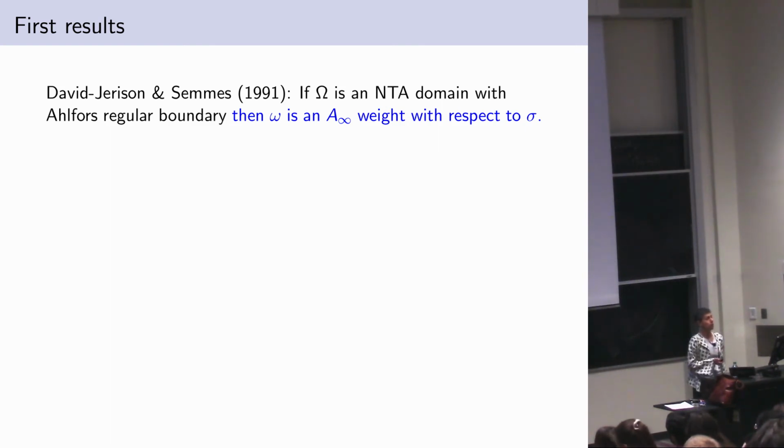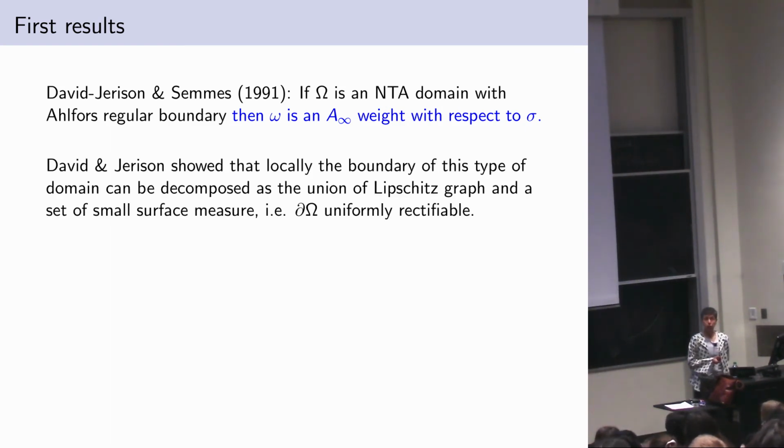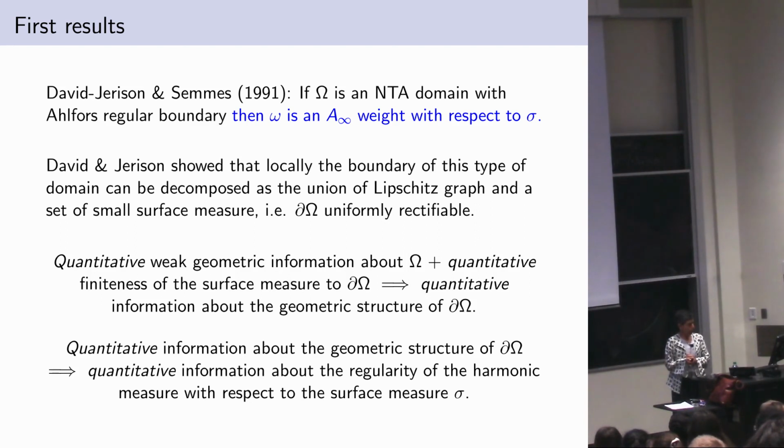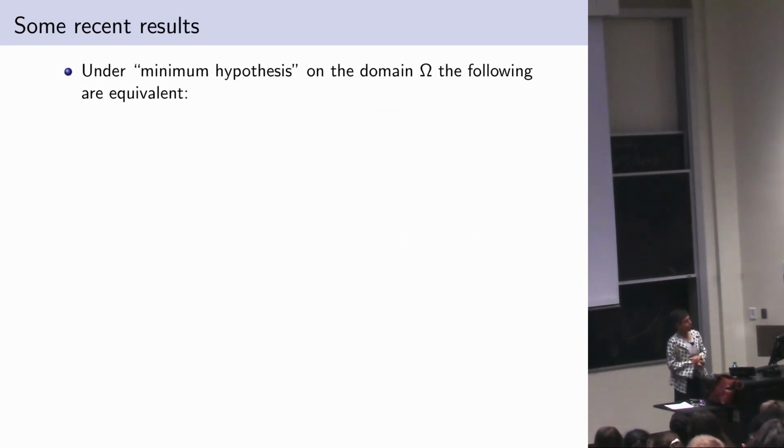That's the magic property that I put there. And then they also show that the domain is uniformly rectifiable, which means each ball can be described as 90% one Lipschitz graph and another piece. I'll jump over these because it is complicated.